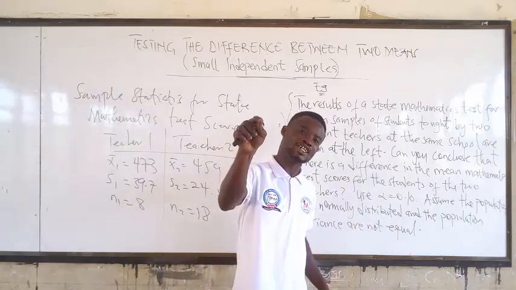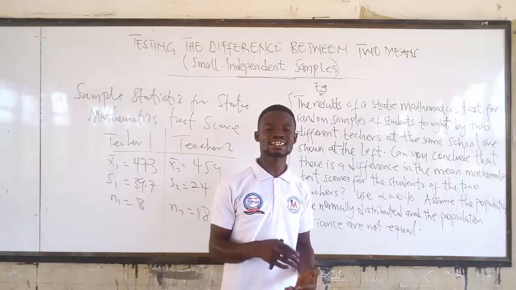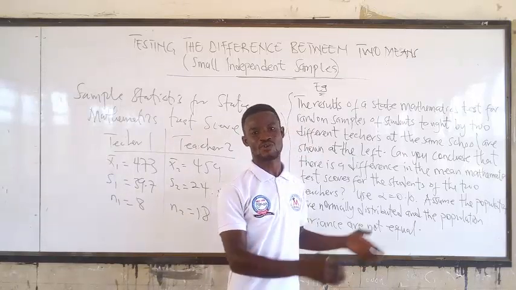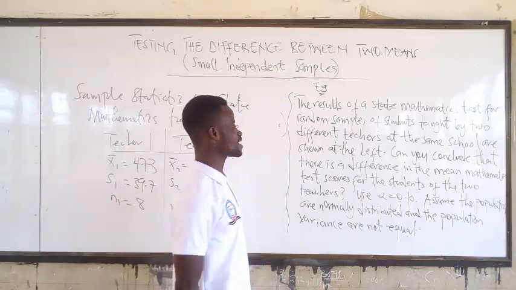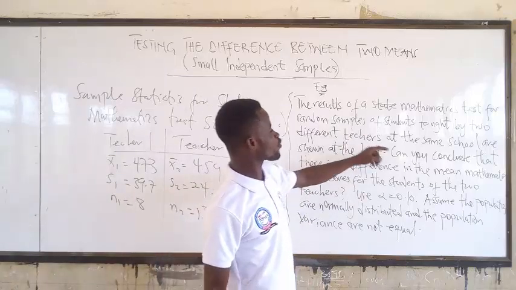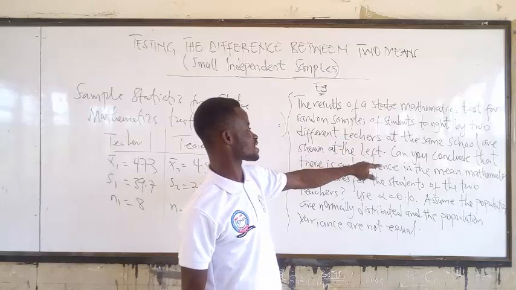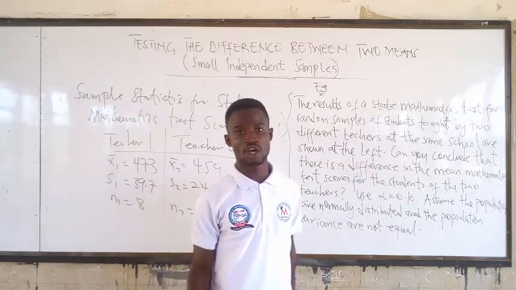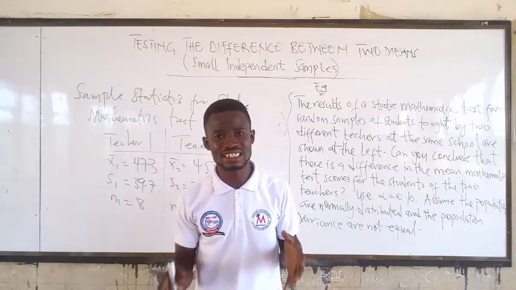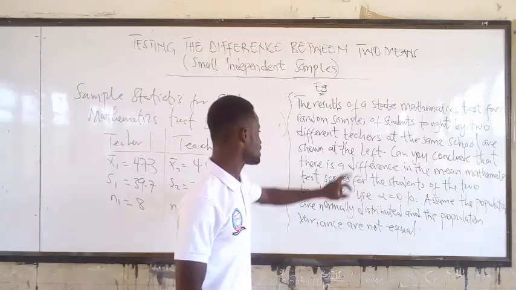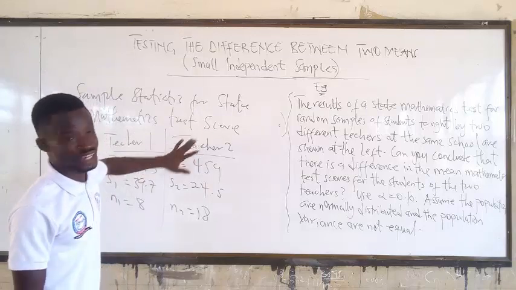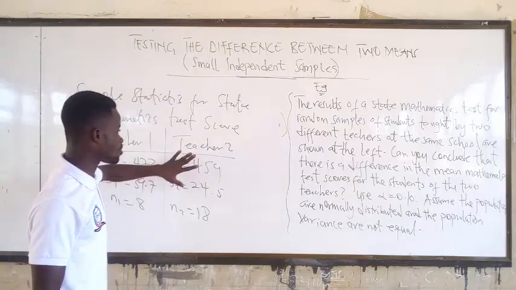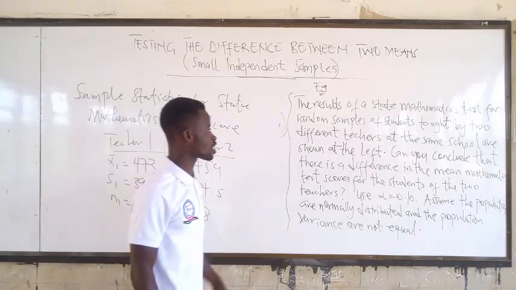So that should tell you that this is an independent question. And they were taught by two different teachers at the same school, are shown at the left. Don't worry about the left; that's what we have here.